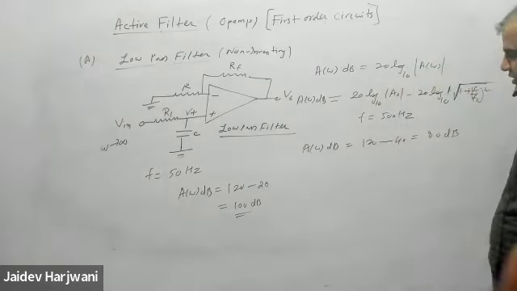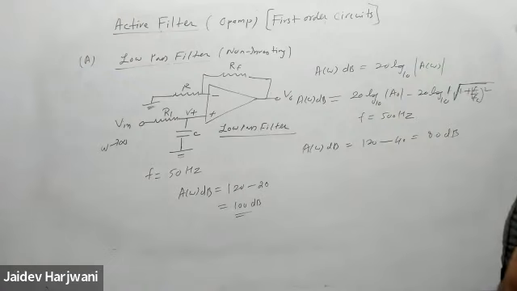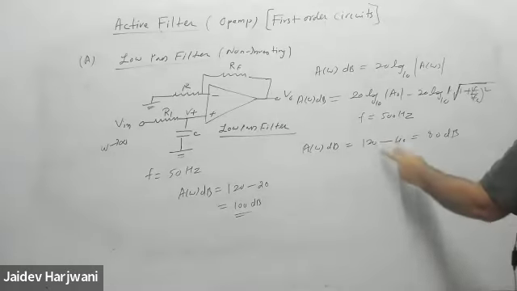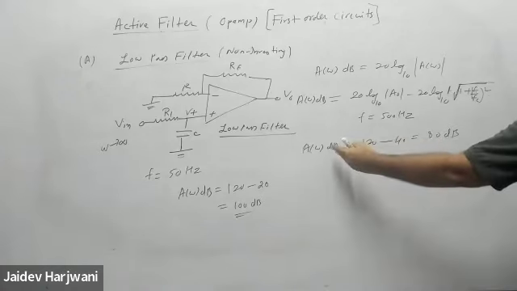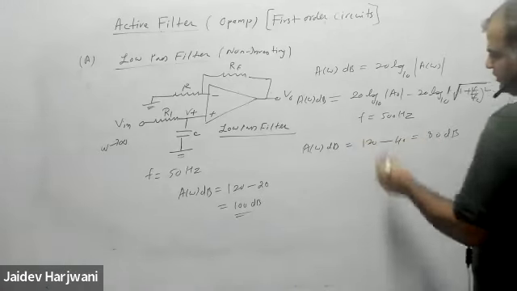After the cutoff frequency, each time I increase the frequency by a decade, the gain drops by 20 dB. Now you can check one more.